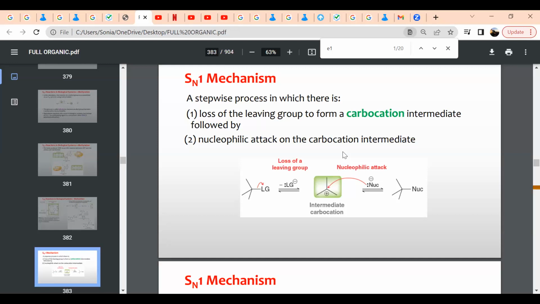The first step is usually the loss of the leaving group, and then once you've lost a leaving group, we have the intermediate carbocation. So carbocation is very, very key in SN1 mechanism of reaction. Then now we have nucleophilic attack of the carbocation to form the final product.